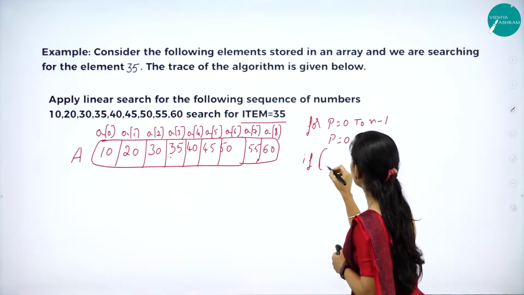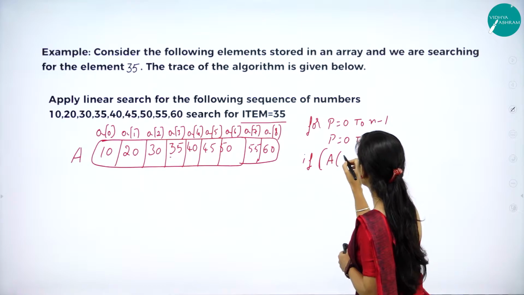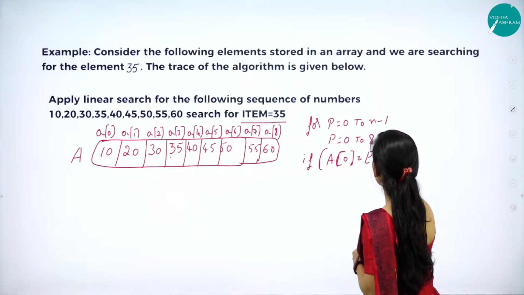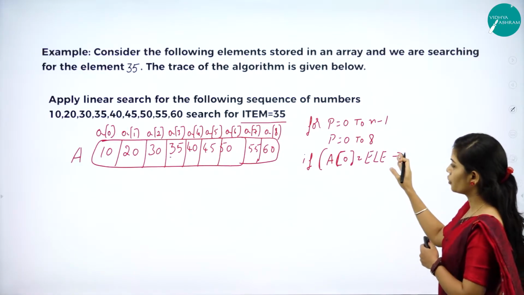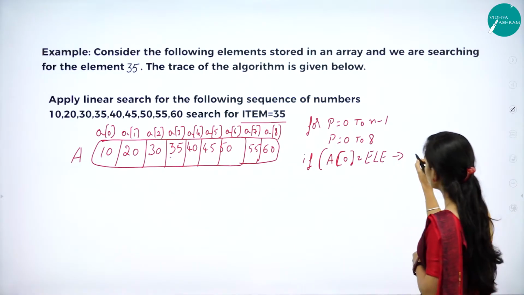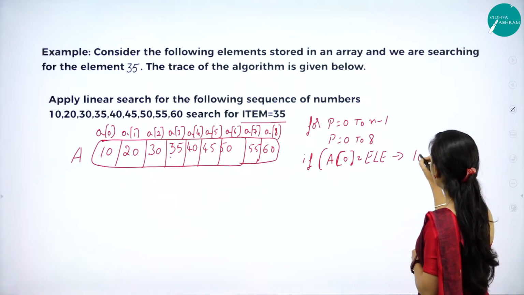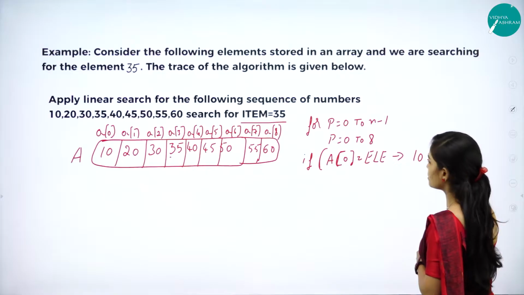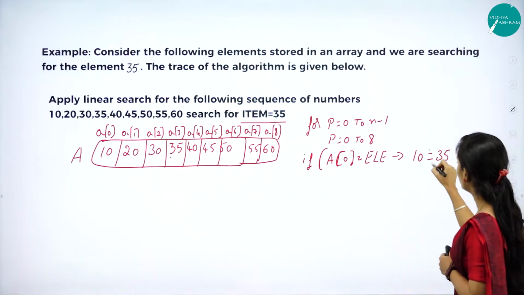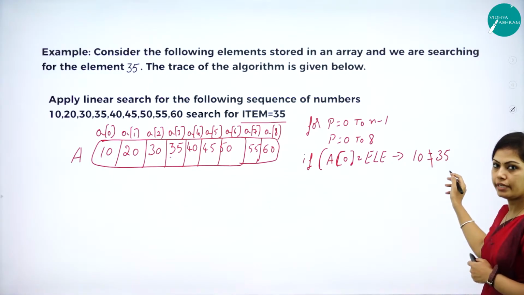If A of 0 is equal to element. Here we are going to search from the beginning, A of 0. A of 0 means it is 10. Is 10 equal to the element? We are going to search for the element 35. Does this match? No. 10 is not equal to 35.